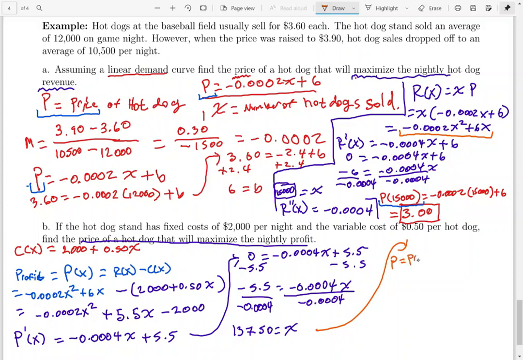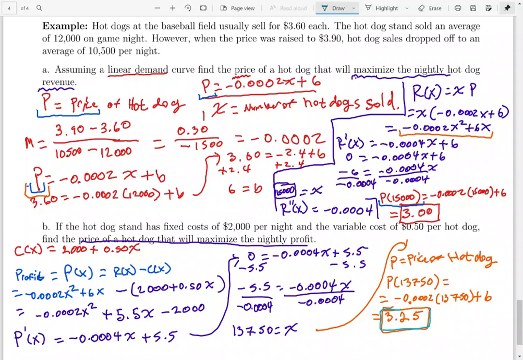Take this x value and plug it back into my price of the hot dog function, p being equal to the price of the hot dog. Once again, be careful with my p's here, because I've got a profit function P and I've got a price of hot dog function p. And so this is the price of hot dog function p, which is p of 13,750, equal to negative 0.0002 times 13,750 plus 6, which is $3.25.